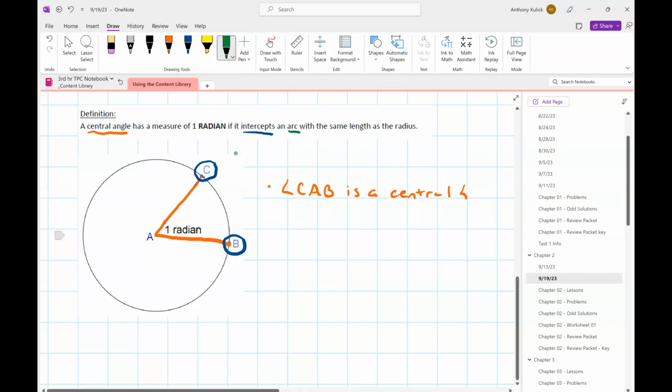And then when we talk about an arc, we're talking about the distance along that curve from C to A. I'm sorry, C to B. When we write an arc, we name it with 2 letters, and we put a little curvy top hat on it to show that it's an arc.